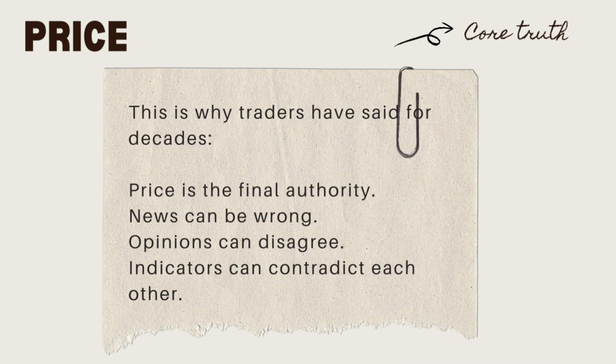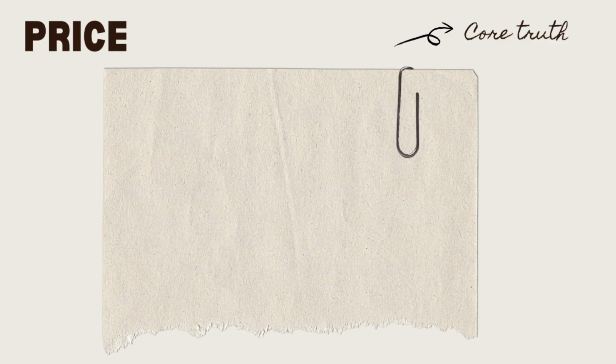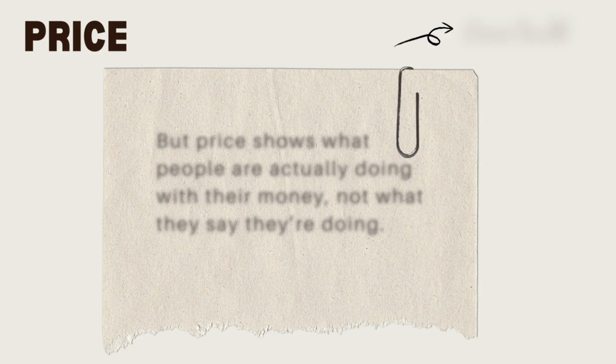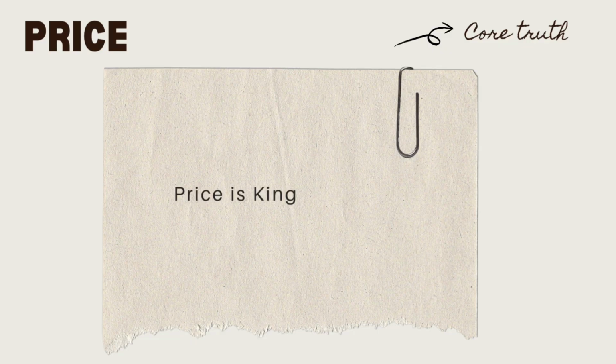This is why traders have said for decades, price is the final authority. Because news can be wrong, opinions can disagree, indicators can contradict themselves, but price shows what people are actually doing with their money, not what they're saying they're going to do, but what they're actually literally doing. This is why I always say price is king.